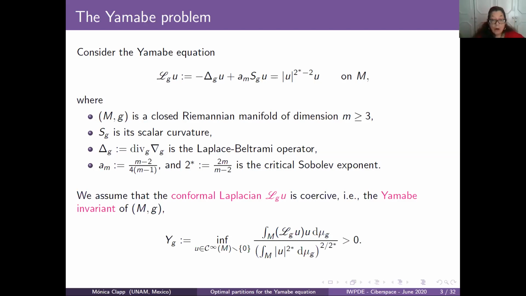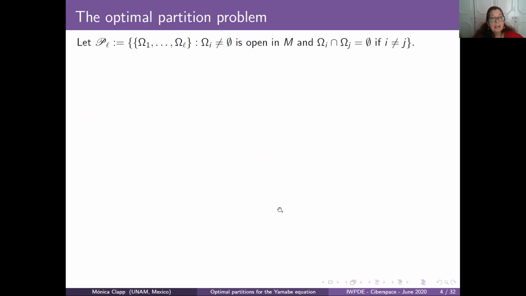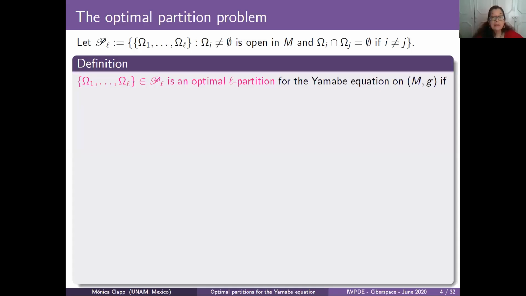Okay, so the problem we want to address in this talk is the existence of optimal partitions for the Yamabe equation. So what's an optimal partition? Well, you choose a number L larger than or equal to 2, and then an optimal partition consists of L open subsets of M, which are non-empty, pairwise disjoint, and satisfy the following two conditions.